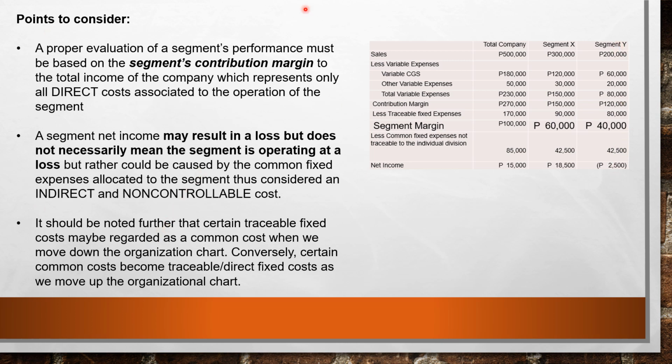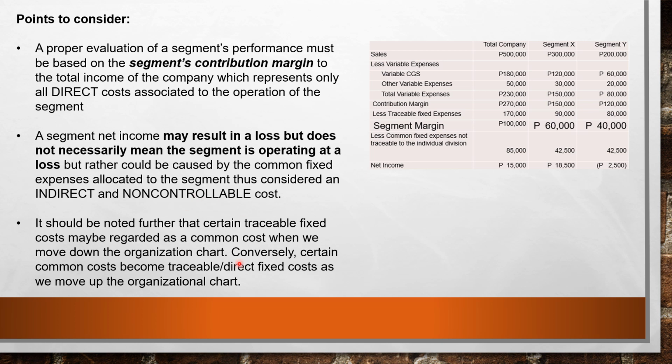Another point is that some traceable fixed costs may be regarded as common costs when we move down the organizational chart. Conversely, certain common costs become traceable or direct fixed costs as we move up the organizational chart.